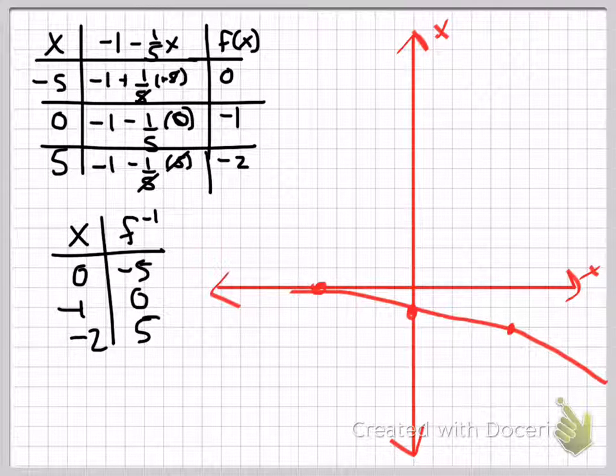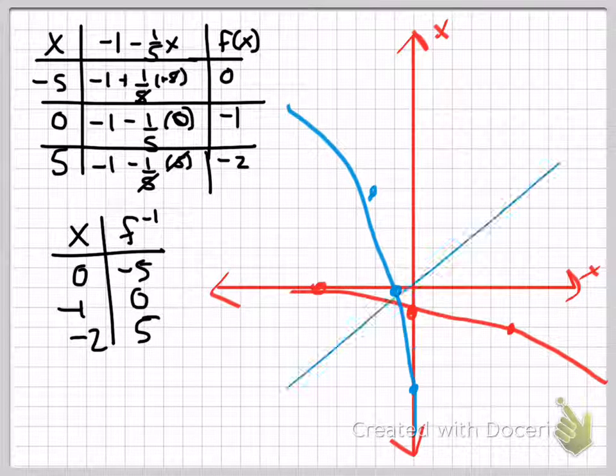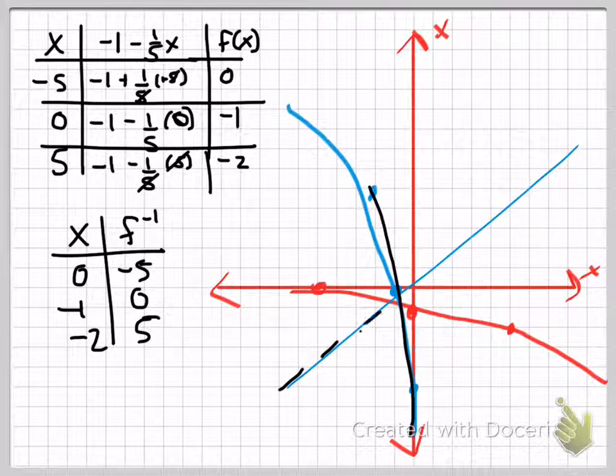If I do the other one, it's 0, down 1, 2, 3, 4, 5. -1, 0. -2, up 1, 2, 3, 4, 5. Oops, sorry. It's a straight line, it's just the way that I did it. There, okay. This is still my y equals x, right?